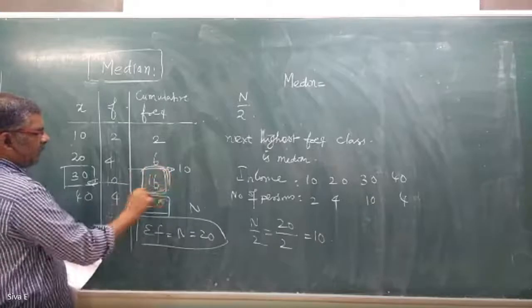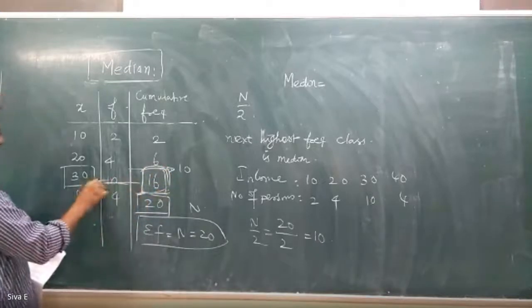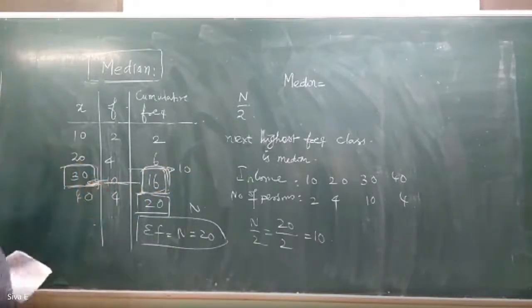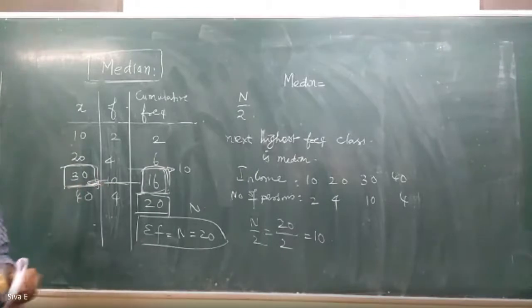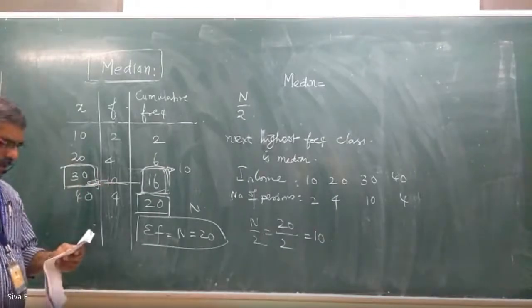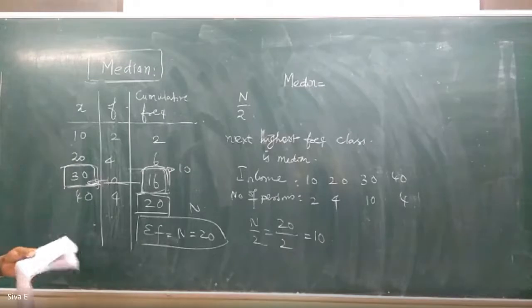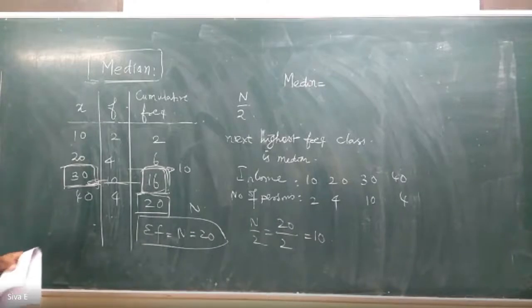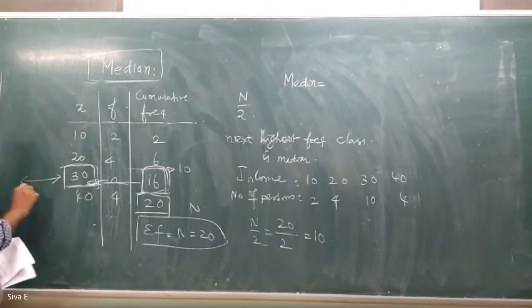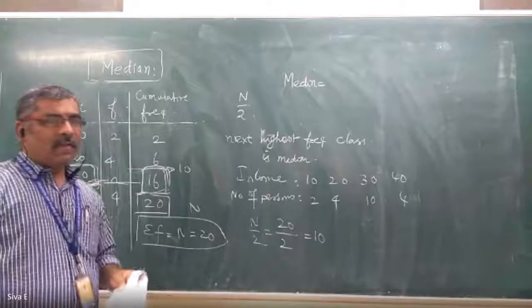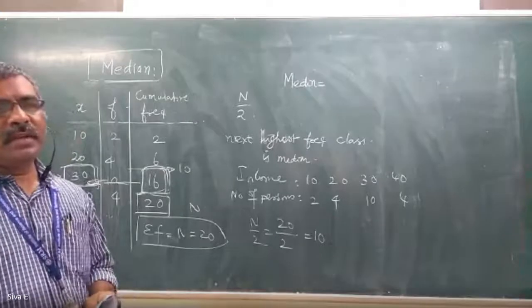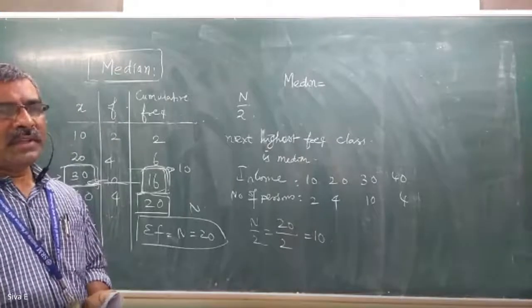The respective item is 30. It is approximate value only. When you go for the continuous case, we can find the exact median value. Here there is no interval, so in the intermediate value we cannot find. For the continuous case, we can find that intermediate value by using the formula.